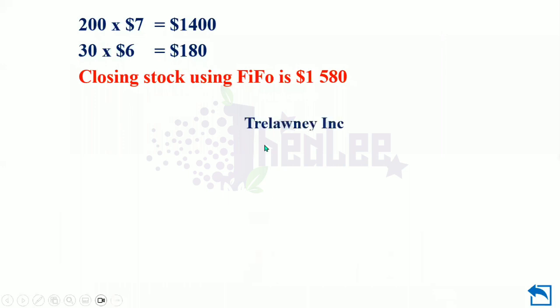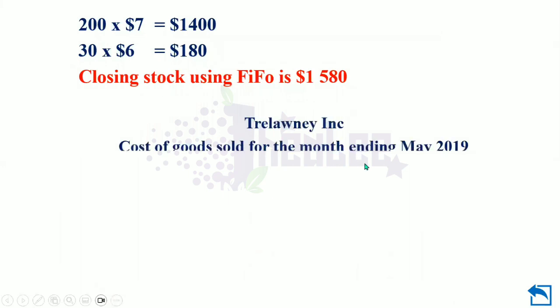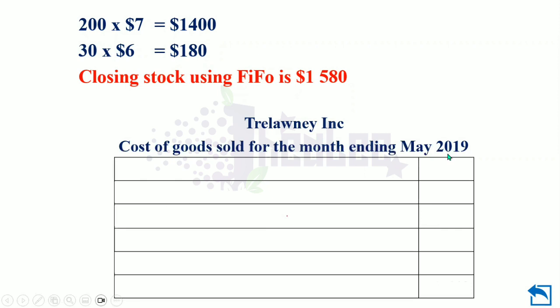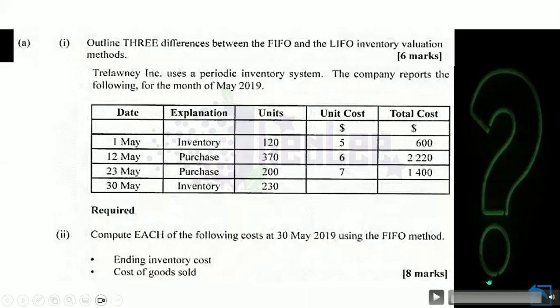So it's Trelawney Inc., cost of goods sold for the month ending May 2019, and we are picking up our opening stock. Remember, it's 120 units. The value per unit is $5, and the cost is $600.